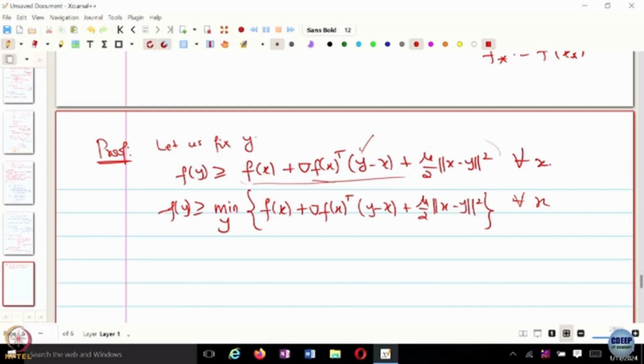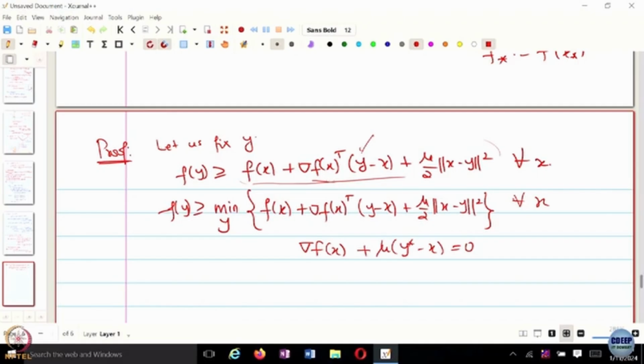If we want to minimize it with respect to y, we have to set the gradient with respect to y to be 0, and this gives us the condition the optimal y must satisfy for the right hand side.